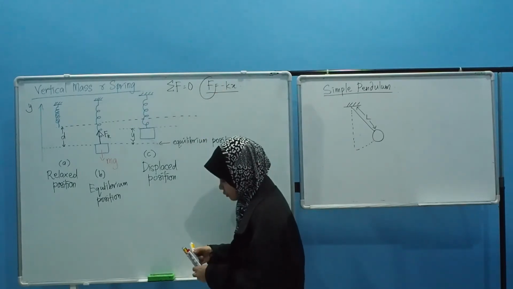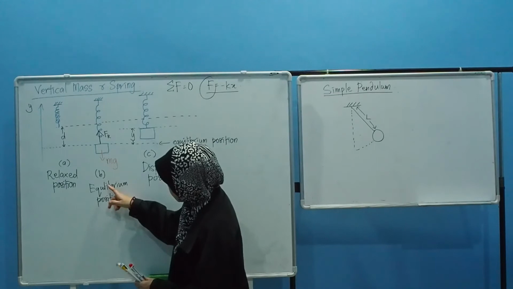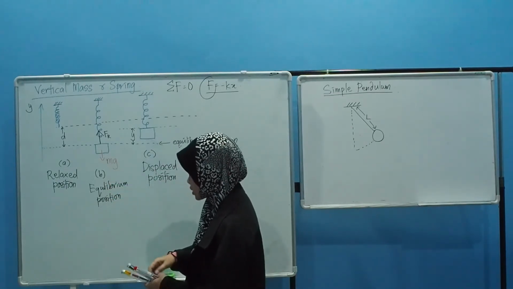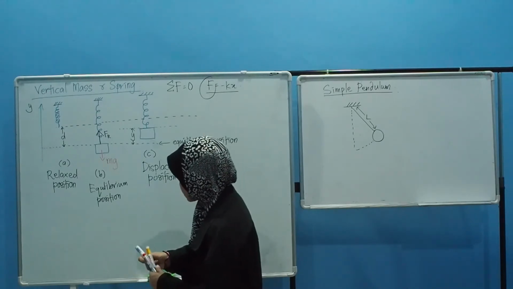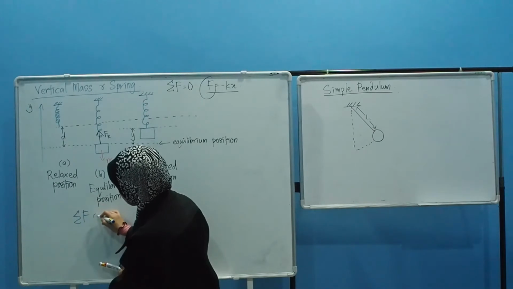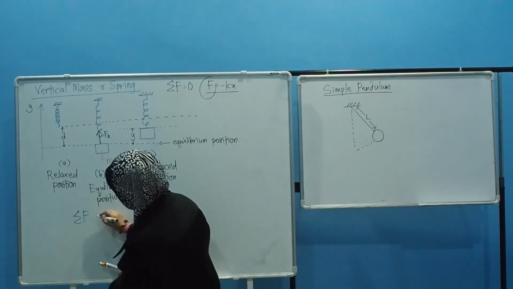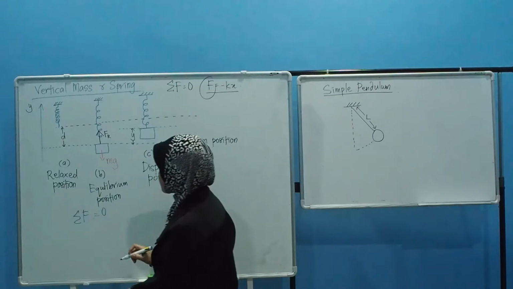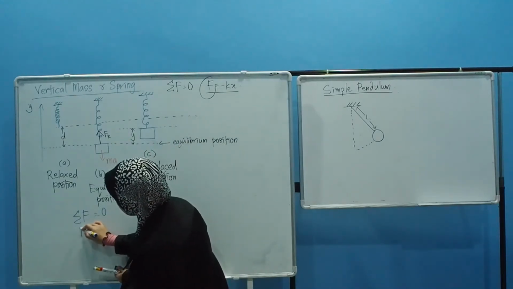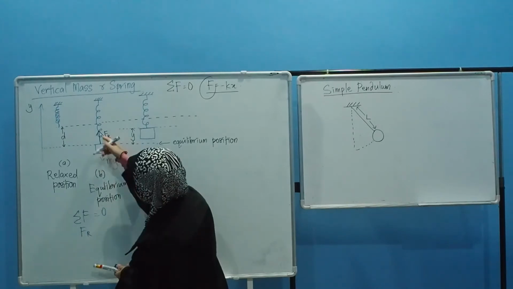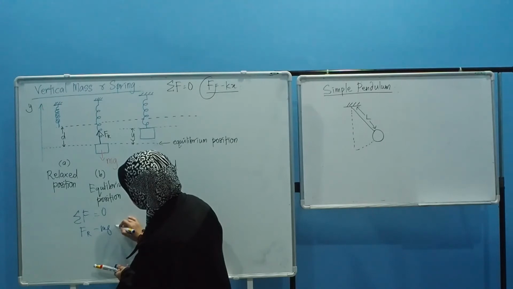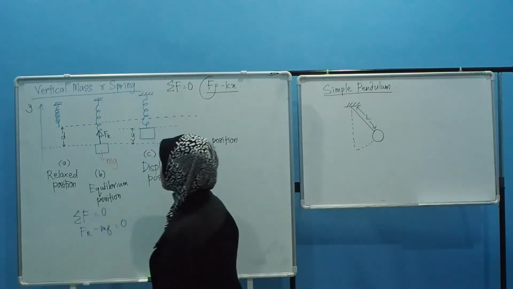So in this example, in equilibrium position, I will write the equation here. The net force is equal to 0. So here Fr directed upward minus mg is equal to 0.